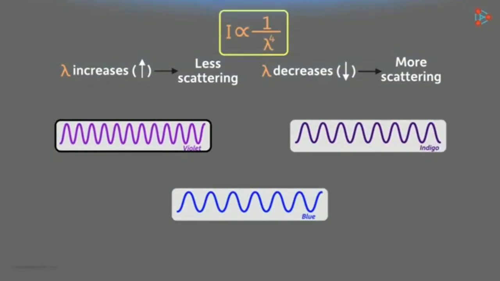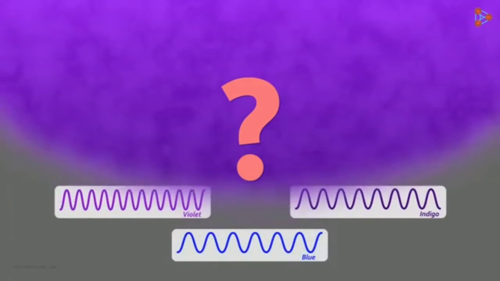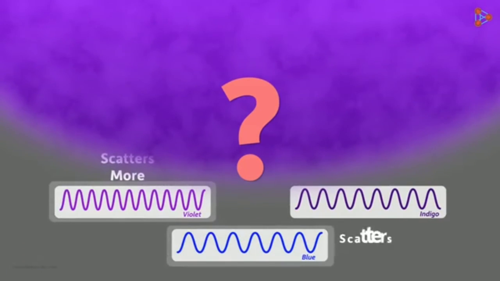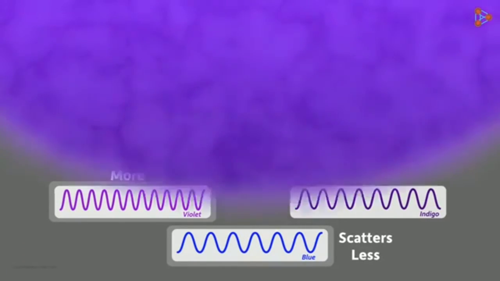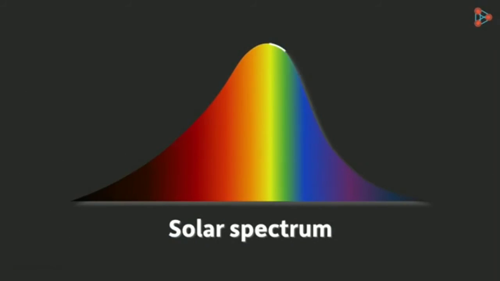But wait, the violet light has the smallest wavelength. Then why doesn't the sky appear violet, or even indigo for that matter? It is true that the sky scatters the violet light more than the blue light. However, we don't see a violet sky, do we? What's the reason? The following graph tells us how much of a particular wavelength is emitted by the sun. Observe the graph well.